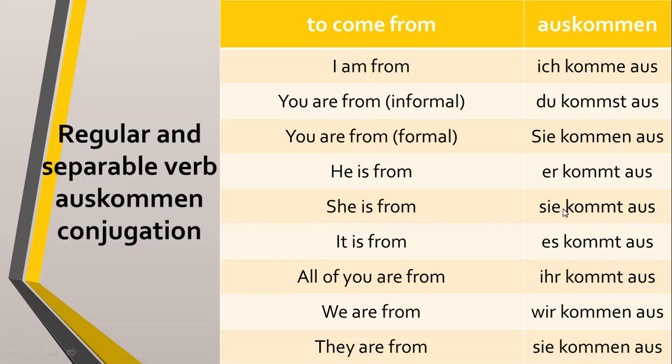So you can see how adding the aus has completely changed the meaning of the verb that also exists as the verb kommen. So kommen means to come, but auskommen means the country from where you originate.